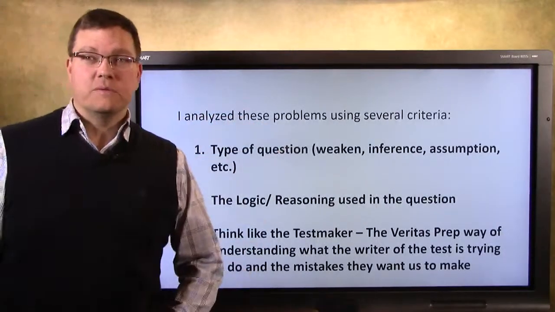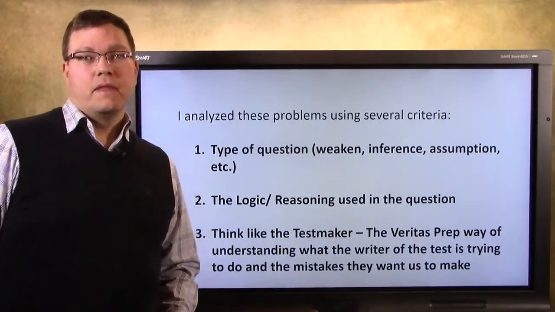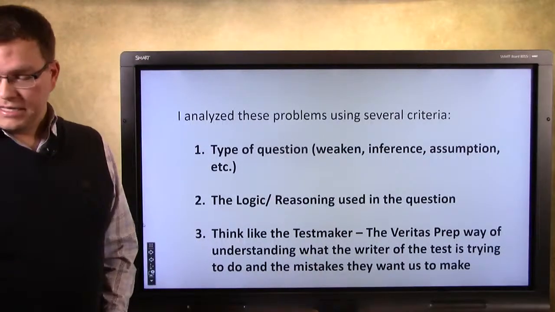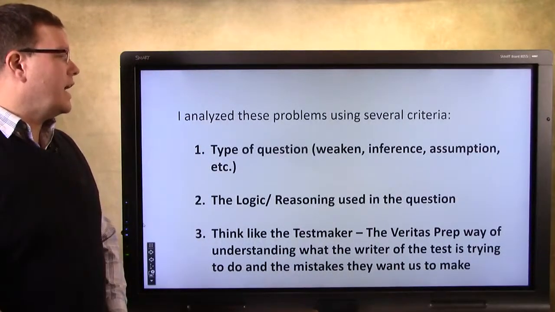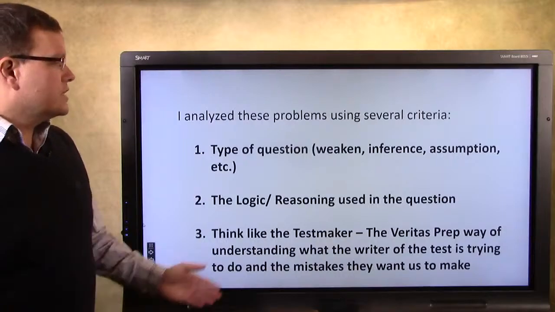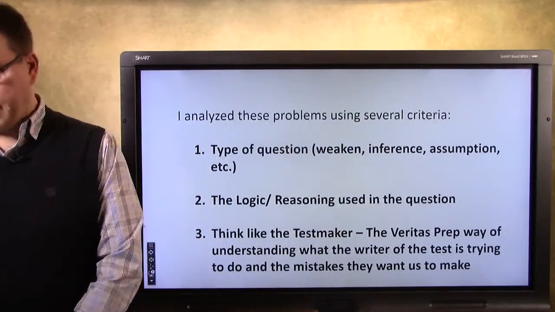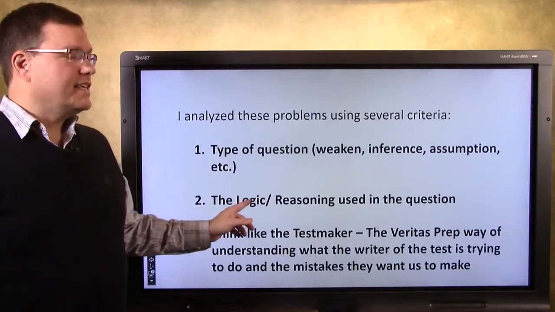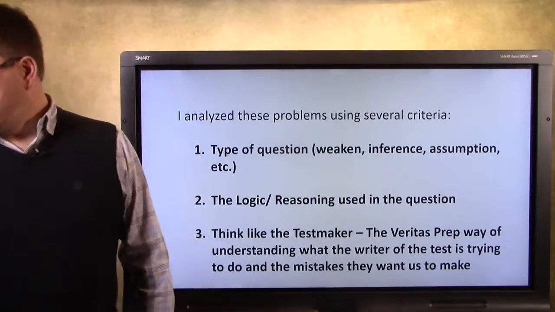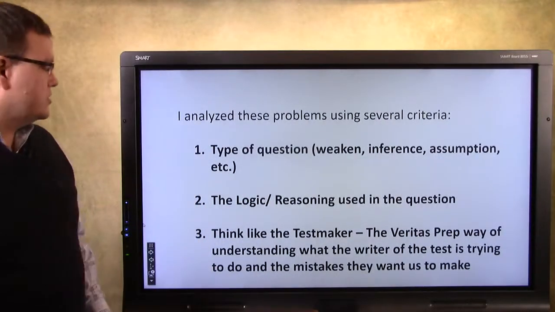I analyzed these problems using several criteria. The first criteria is I looked for the type of question. For example, weaken, inference, assumption. So all the different question types. Secondly, I said, let's look at the logic and or reasoning used in the question.